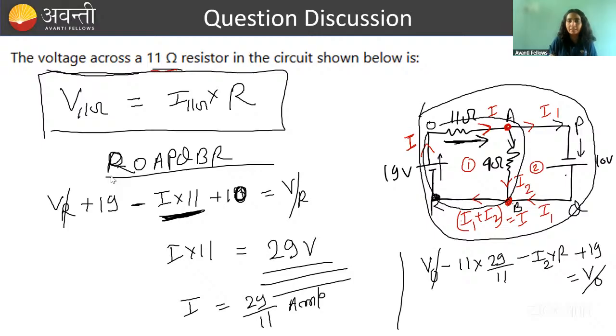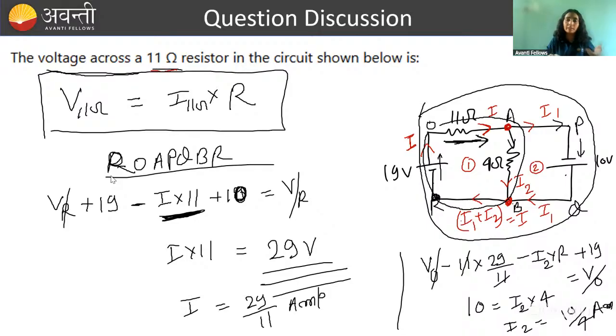This will get cancelled. And here this is equal to how much? 19 minus 29 plus 19. So that is basically your 10. And this is I2 into R. R is how much? R is your 4. So I2 is equal to how much? 10 by 4 ampere. We have calculated it using KVL.